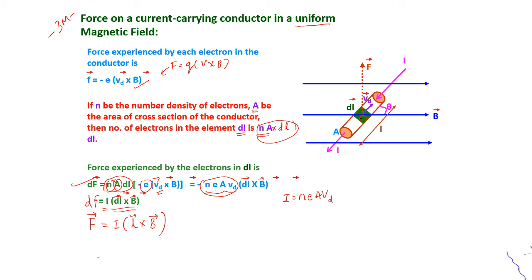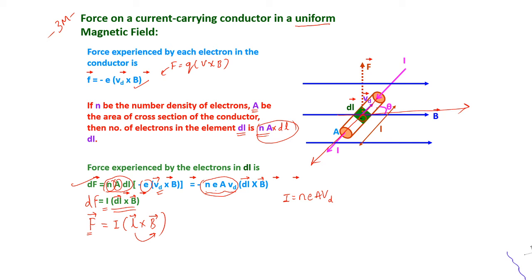And the direction of force is given by the right hand rule. So you have to curl your finger from L towards B. So where is L here? The L is along the direction of current. So the direction of L is taken in this direction. And what should be the direction of B? The direction of B is somewhere here like this, right?